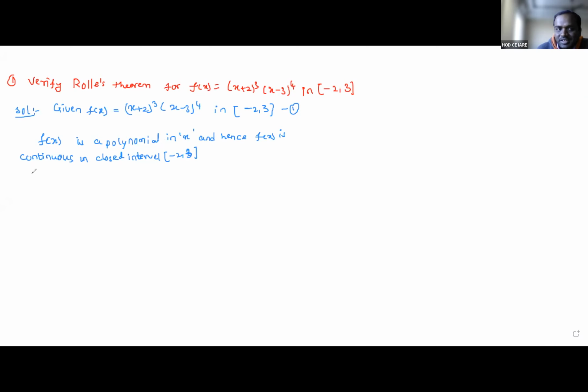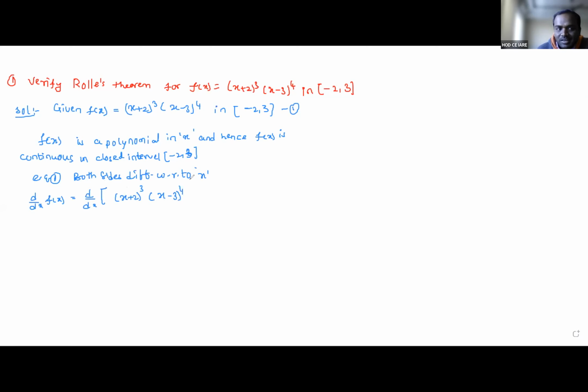So equation 1, both sides differentiate with respect to x. d by dx of f of x is equal to d by dx of (x plus 2) whole cube into (x minus 3) whole to the power of 4.